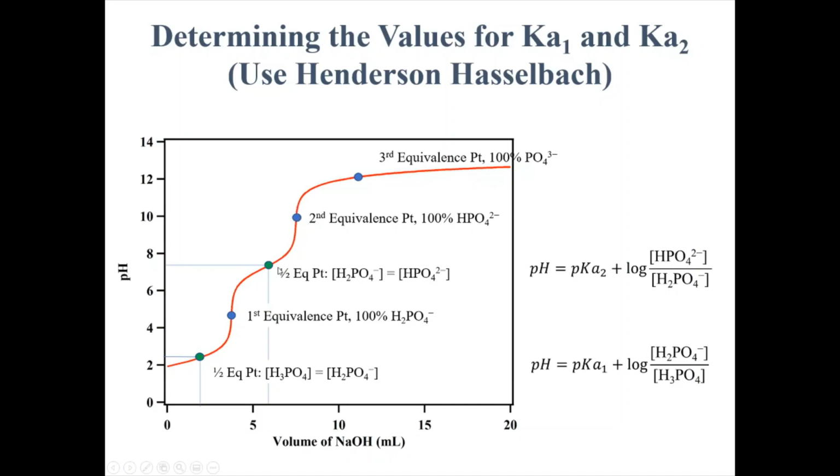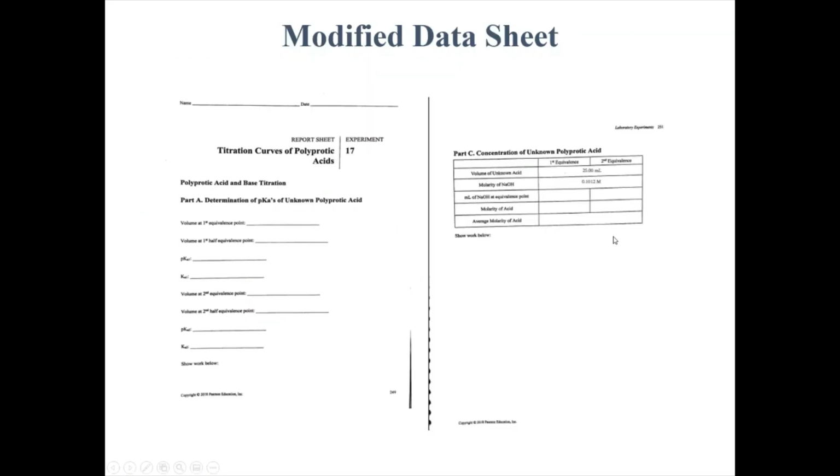Remember, at the first we have all H2PO4 minus, and at the second we have all HPO4 2 minus. So halfway in between, we're going to have half and half of those things. This is where you're going to get the second pKa from that pH. Okay, so this should give you enough information to do the experiment.